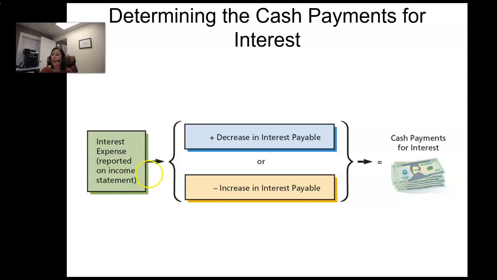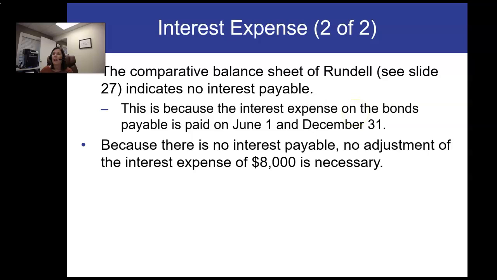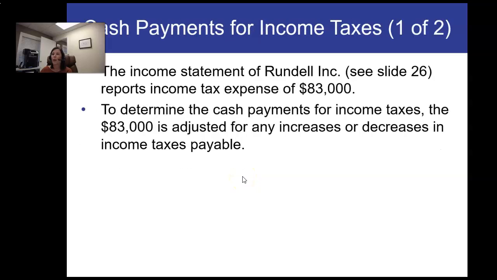On the other hand, if the interest payable went up, we're going to subtract that, and that tells us how much cash we actually paid for interest. Now, with our actual example of the Rendell Company, we did not have any interest payable, so we don't have to make an adjustment of the interest expense.